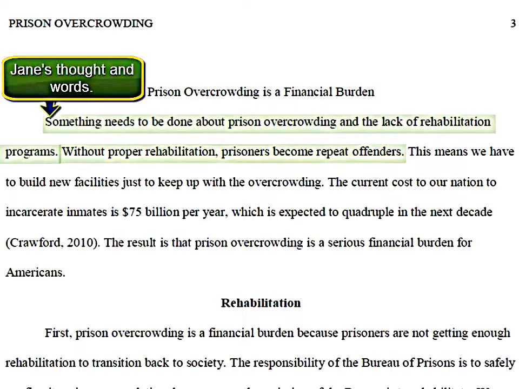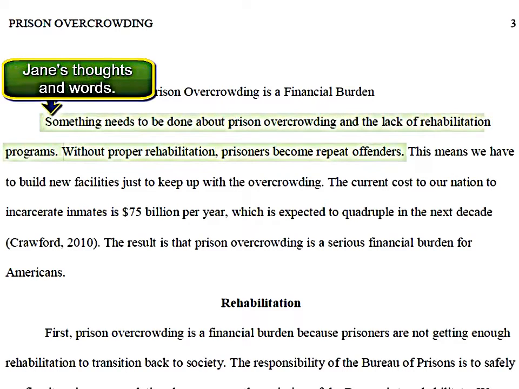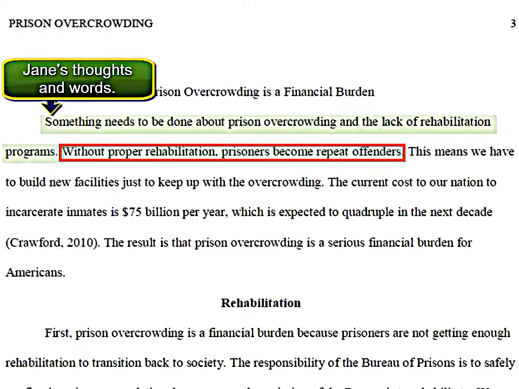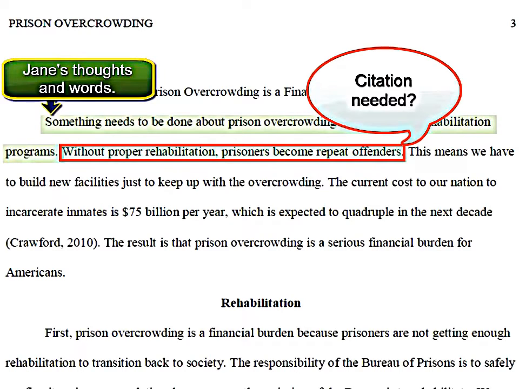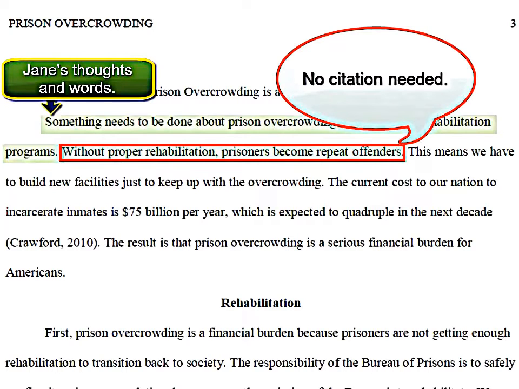Next, "Without proper rehabilitation, prisoners become repeat offenders." These are also Jane's words. However, does this idea that the lack of rehabilitation causes repeat offenders need a citation? No, it does not.